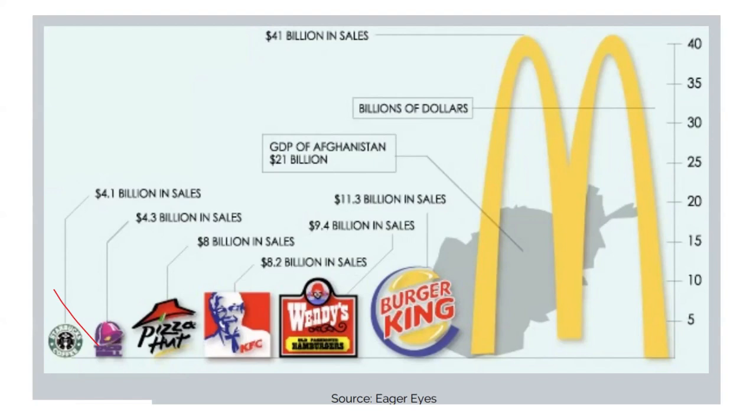Oh, that's confused because we have data about fast food companies, Starbucks, Taco Bell, Pizza Hut, KFC, Wendy's, Burger King, and Macca's, or McDonald's, sorry. And then suddenly we have something about Afghanistan, which probably doesn't consume a lot of any of these products.